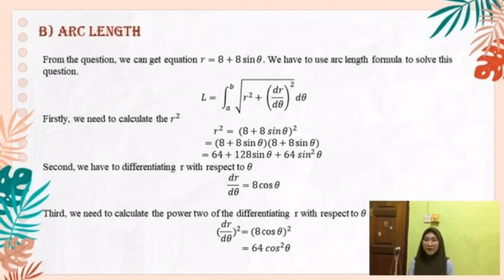To calculate the arc length of the area, from the question, we can get the equation R equal to 8 plus 8 sin theta. We have to use the arc length formula to solve this question. Firstly, we need to calculate R squared. Second, we have to differentiate R with respect to theta. Third, we need to calculate the power 2 of the derivative of R with respect to theta.